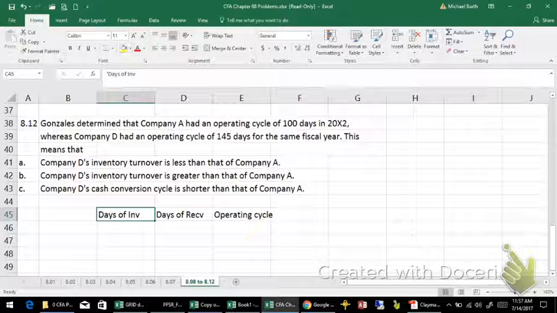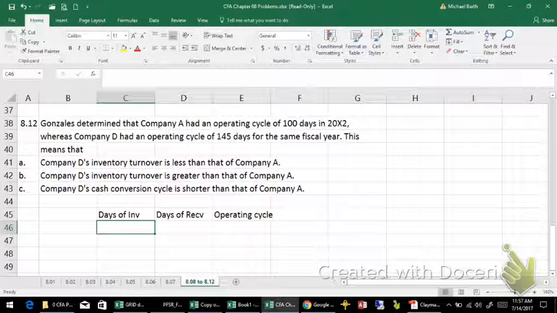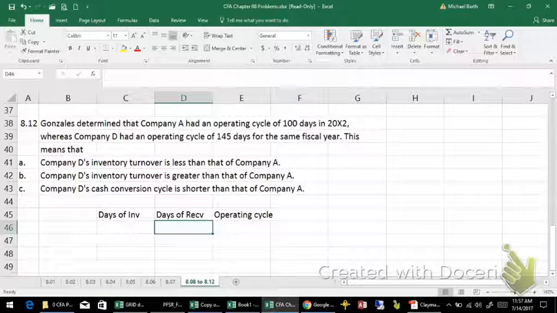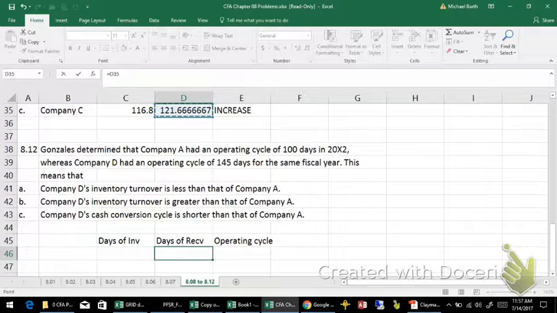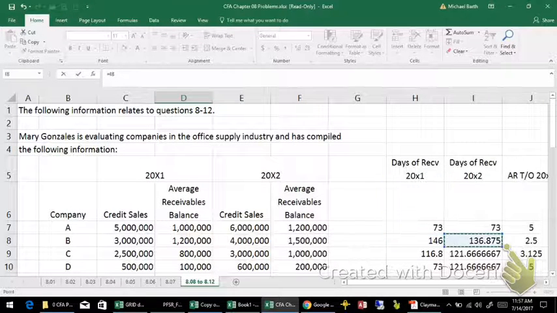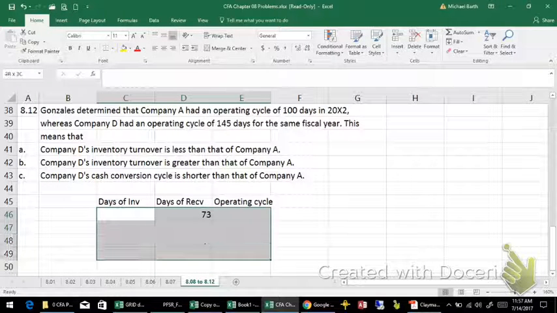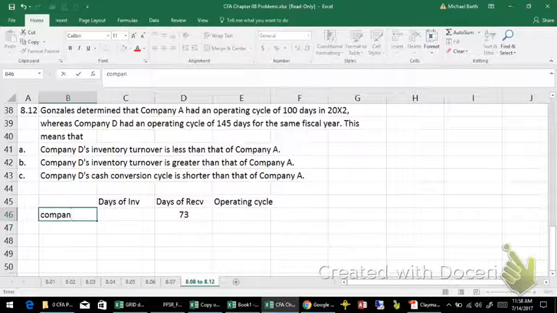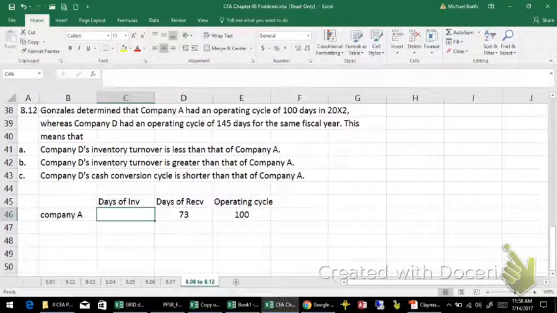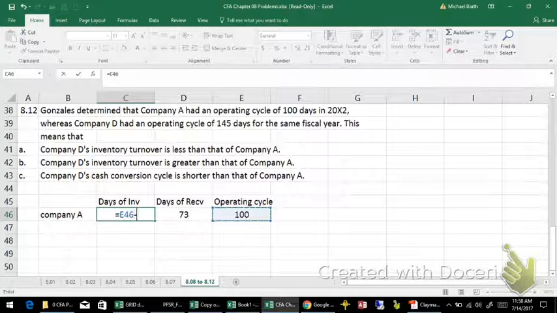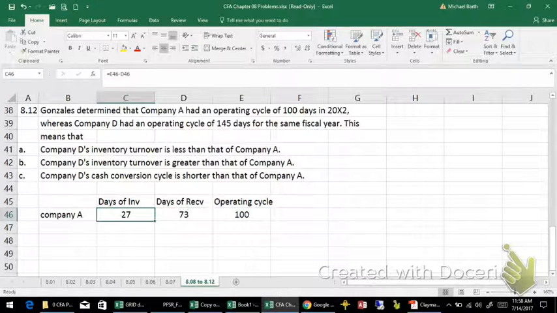I know that the days of receivables in 2000x2 for Company A is 73, and the problem tells me that the operating cycle is 100 days. Well, that must mean that the days of inventory must be 27 days, right?